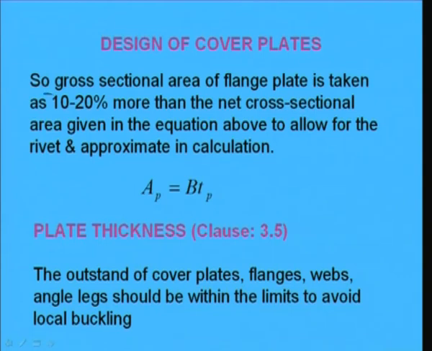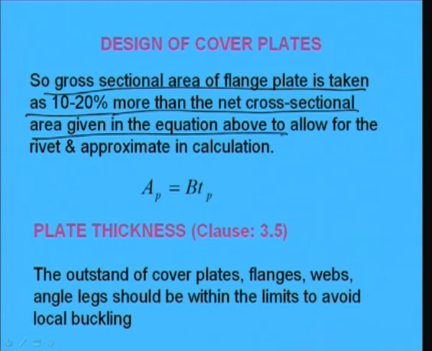So, the gross sectional area of the flange plate is generally taken 10 to 20% more than the net cross-sectional area given in the equation above, to allow for rebates and approximate calculation. First of all, we have made an approximation by neglecting T_P compared to D in some places. Another thing is that because of providing holes due to rebate, the net area is less than the gross area.